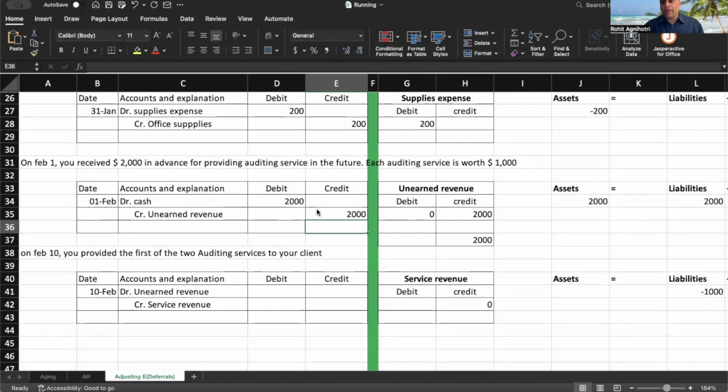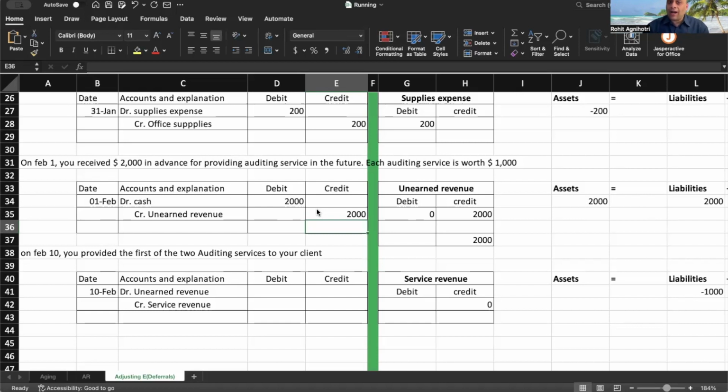Why unearned revenue? Well, this is the revenue that you will earn in the future that you have not earned right now. All you have done is you have received cash. You did not provide any service, and until you provide that service, meaning the benefit must transfer, you cannot record a revenue.